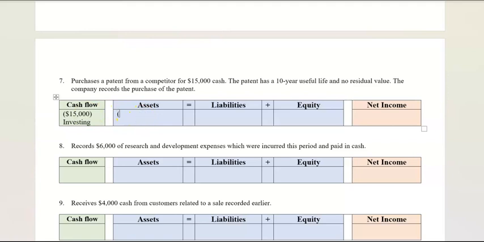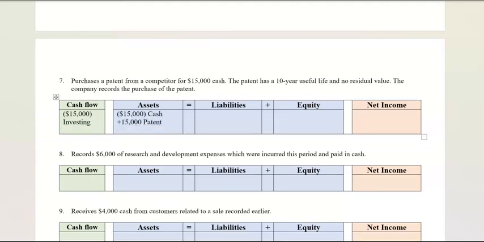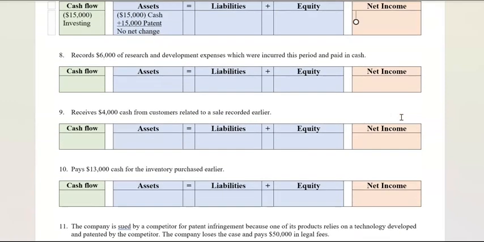We paid cash, so cash is going to decrease by $15,000, and then we received an asset worth $15,000. And we can see here that we have no net change to assets. Nothing happens to our liabilities, nothing happens to equity, nothing happens to net income when we're simply exchanging one asset for another.